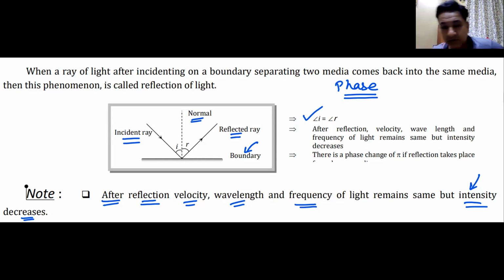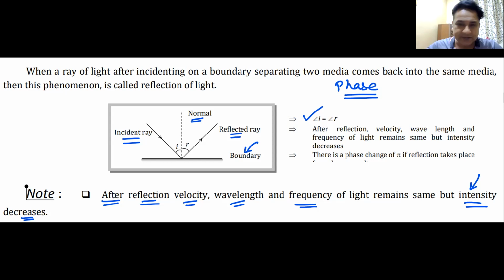So there is something known as phase. We will discuss that phase in the chapter on wave optics, where we will discuss this phase change in detail. Remember, the phase of the wave depends on from which medium it is getting reflected, rarer medium or denser medium. You may not know right now what a rarer or denser medium is. So just write phase and leave two lines.